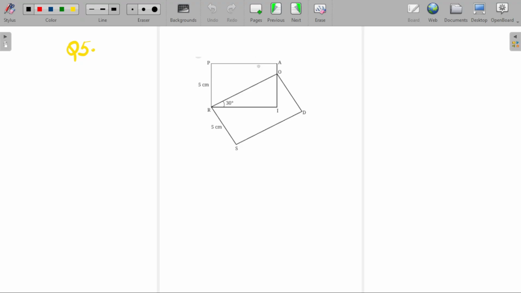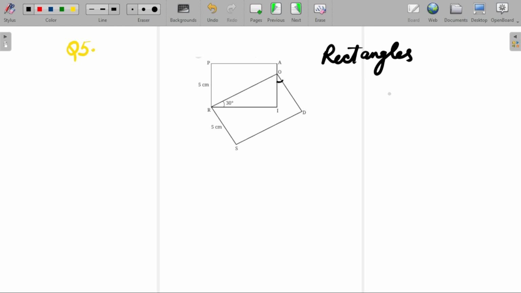Fine, so this is what we are given with: PAIR and ROD. These are the two rectangles given, and you need to find out IOD. That means you need to find out this angle.